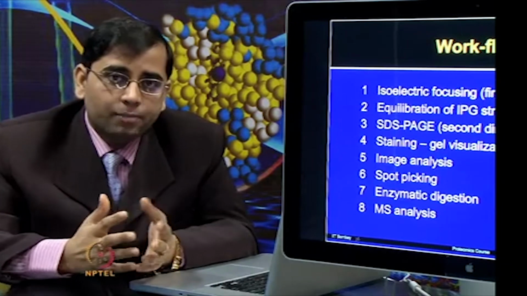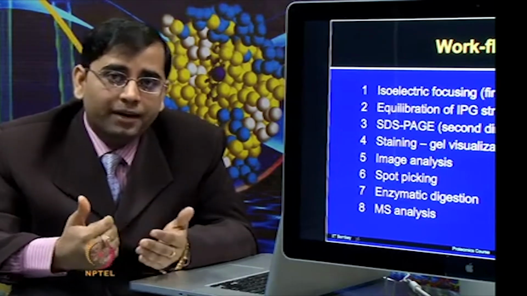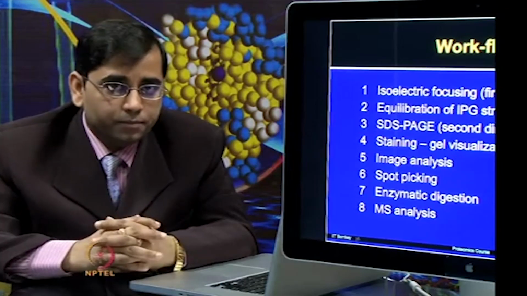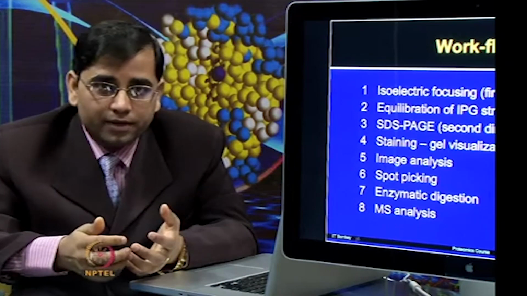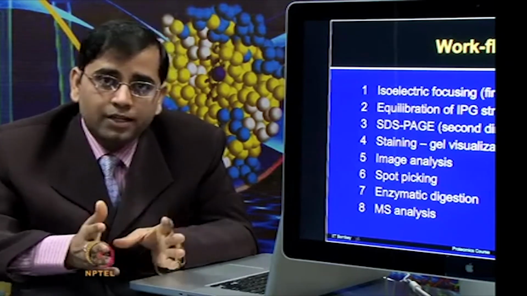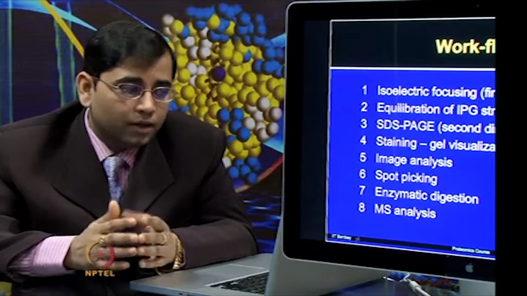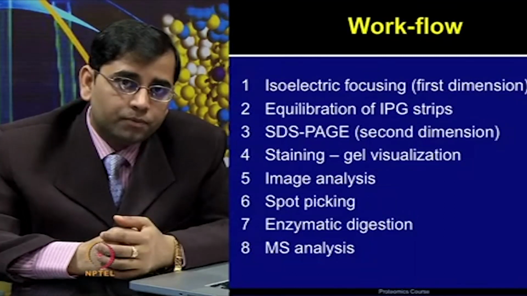When you are running an SDS-PAGE gel, you make your protein denatured, you want to separate it based on the molecular weight, and you heat the samples and apply different types of denaturant. Now, in this case, when you are doing 2DE, your first dimension separation has occurred on the IEF in the immobilized pH gradient strip.